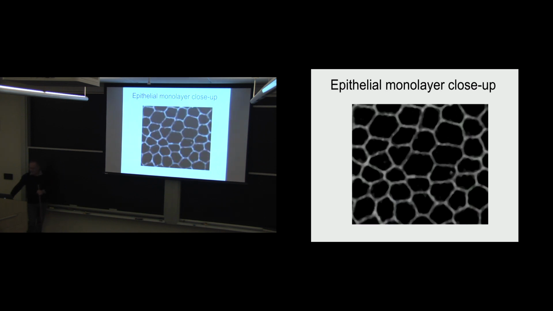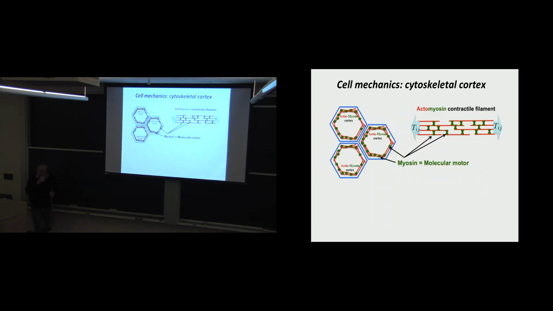And now let's zoom in a little. It gives you an idea of how well you can image this whole thing. But ultimately, I want to look inside the cells, and instead of showing you some super resolution microscopy pictures, I'll start drawing cartoons.